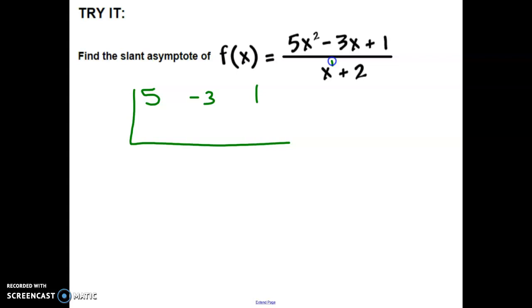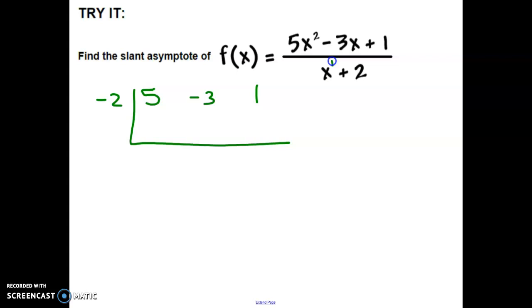Now, this synthetic division is fairly simple because we only have one factor in the bottom. So I'm going to divide by the factor of x plus 2, but what makes x plus 2 equal to 0? -2. So I'm going to put a -2 in front because that's what would make x plus 2 equal 0.